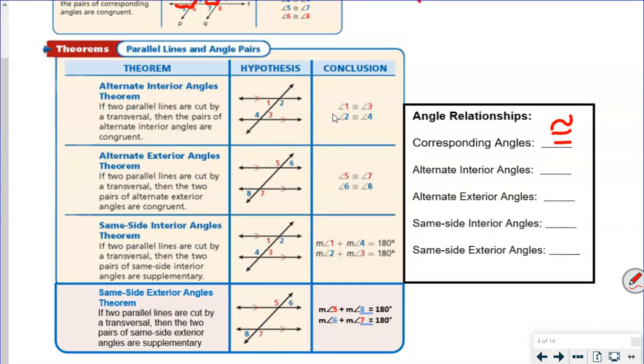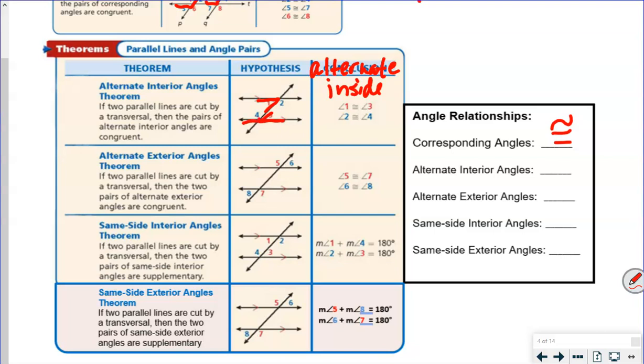All right. So the next one is alternate interior angles. So we have 2 pairs of parallel lines, right? So look here again. So we've got our 1 and our 3. Those are our pair of angles that are alternate interior. So they are alternating sides. So I'm going to say alternate and interior, right? Inside. So they're inside the parallel lines. Okay, so notice again, these are congruent, right? So 1 and 3 are congruent and 4 and 2 are congruent.